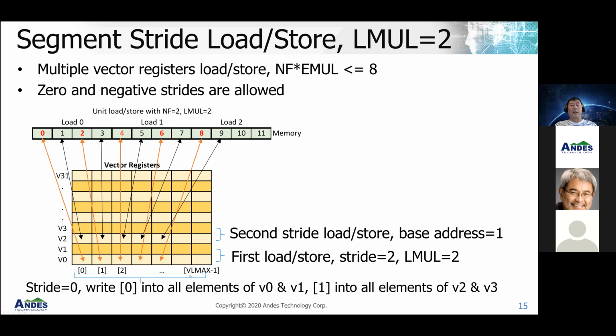So stride of 2 means you have to do that. A note here is that if you have a stride of 0, then you're going to write 0 into V0 and V1, and you write 1 into V2 and V3. So it's the same data written into all the elements when you have stride of 0.